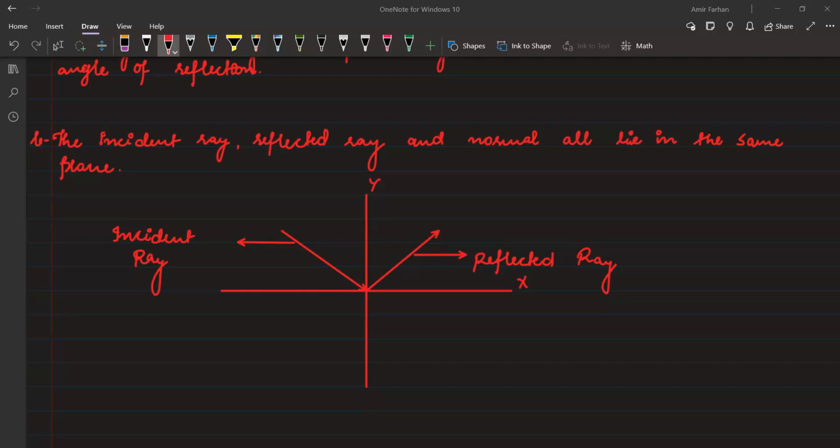So now let's understand how an image forms. Okay, let me take one picture so that I can explain it to you. Just a moment.